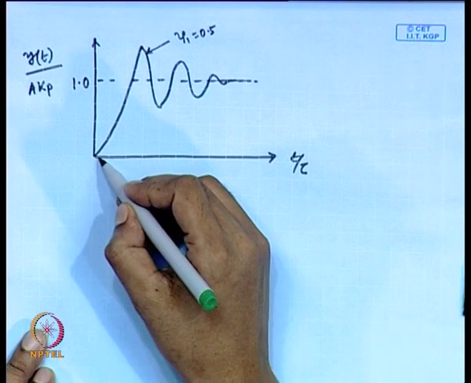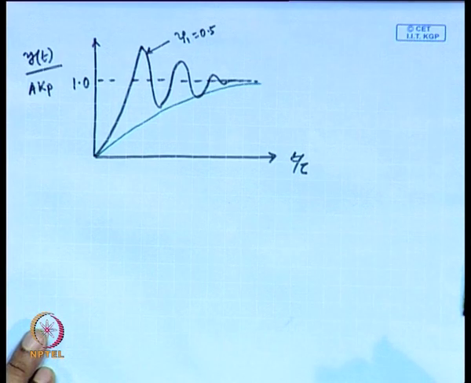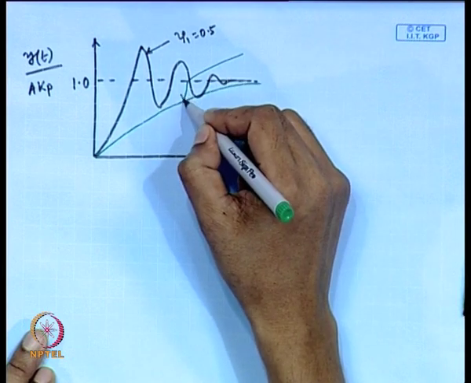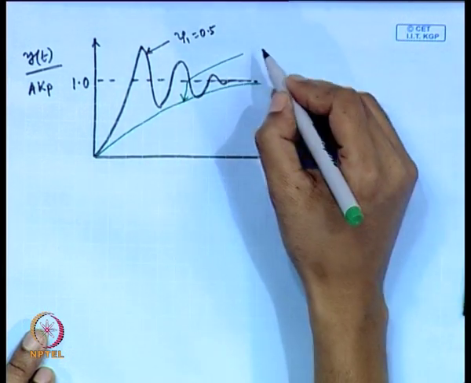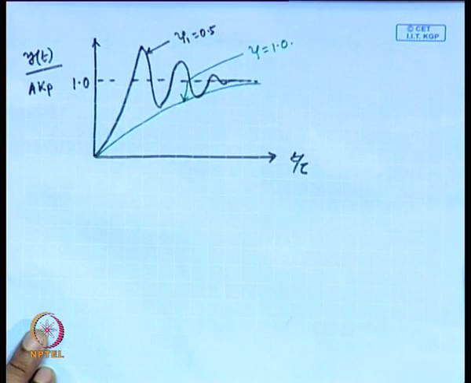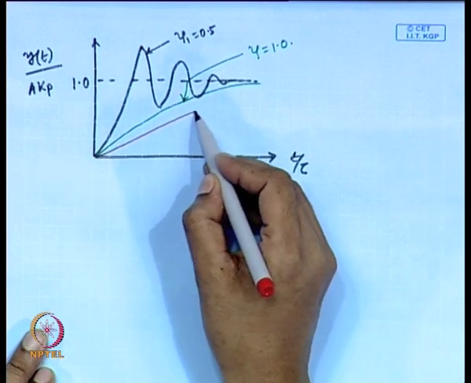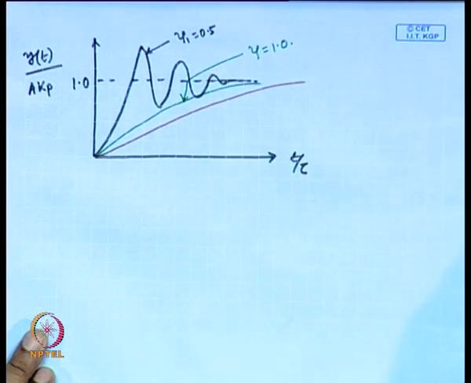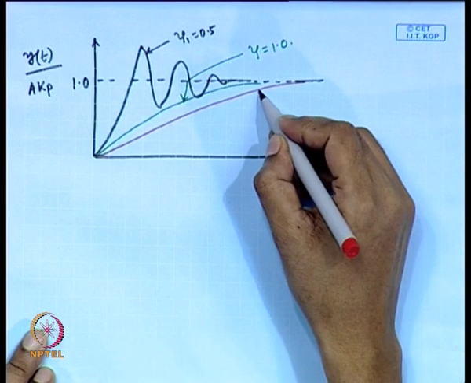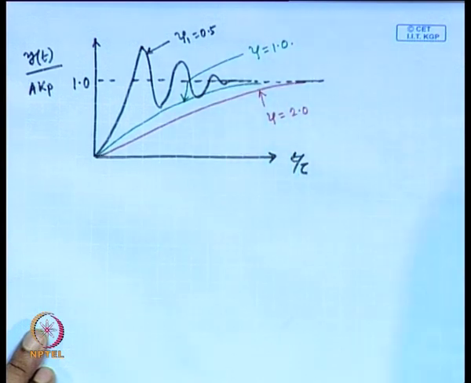In another case we get the response like this. This type of response we get, suppose for the value of zeta equals 1, and another type of response we get like this for the value of zeta suppose 2.0.